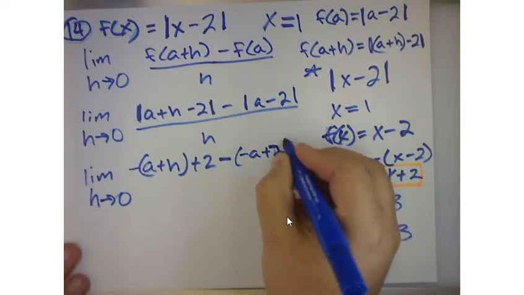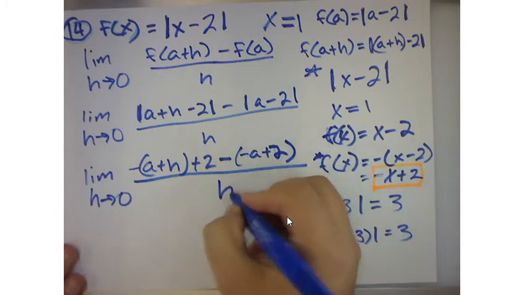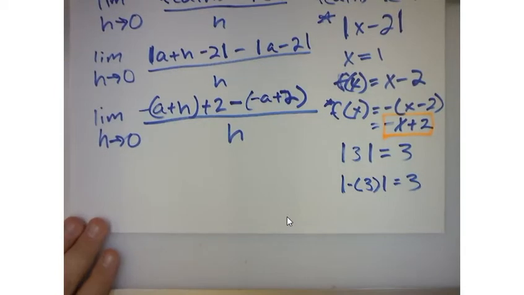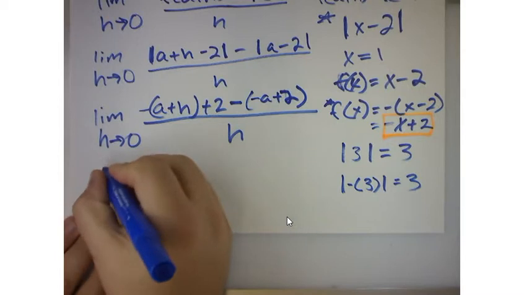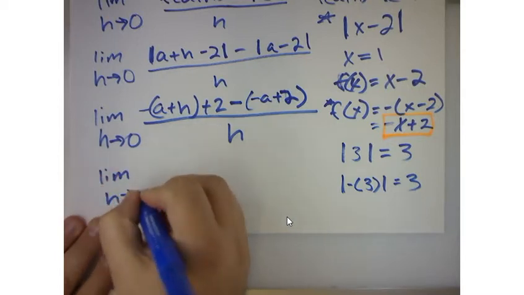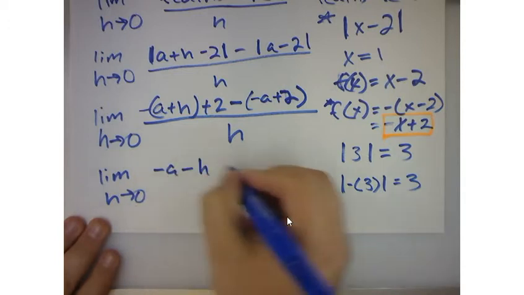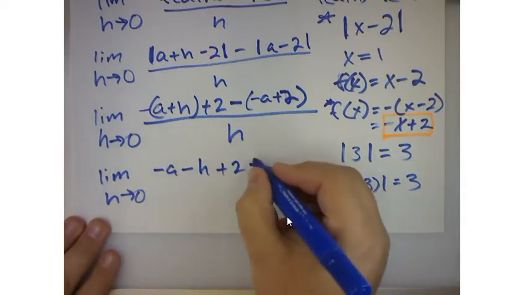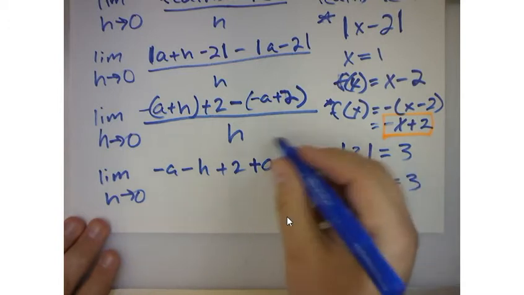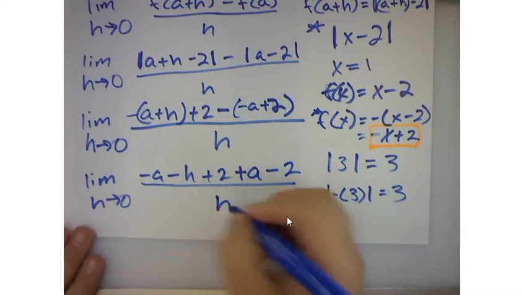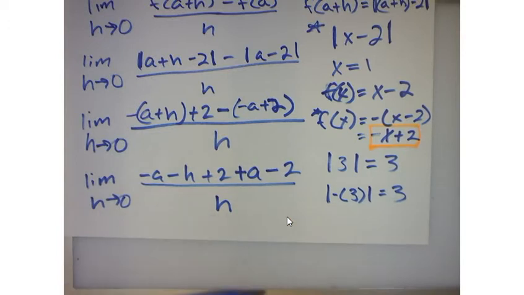Yeah. Did I do that right? I don't know. Let's think it through. Does that seem right? Yeah. Okay, so now, if I say the limit as h approaches 0 of all this stuff, I'm going to push this negative sign through, so I get negative a minus h plus 2, minus is a plus a, and that becomes negative 2, all over h. Cool.